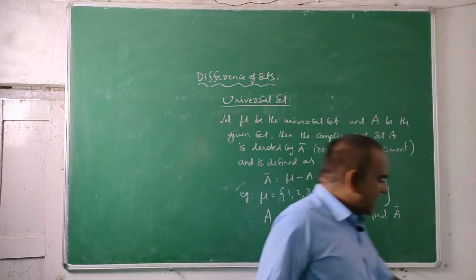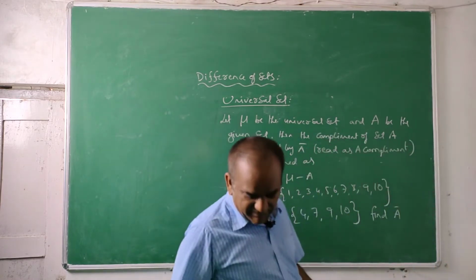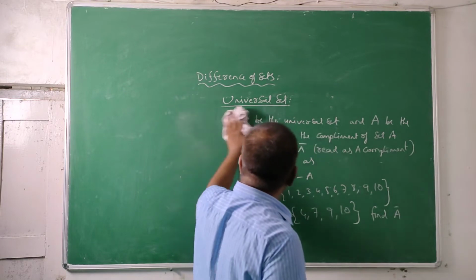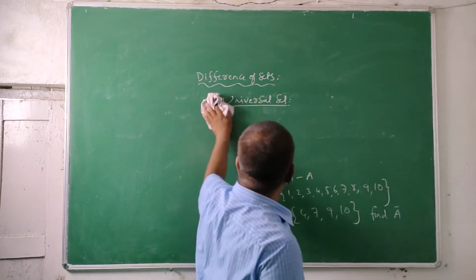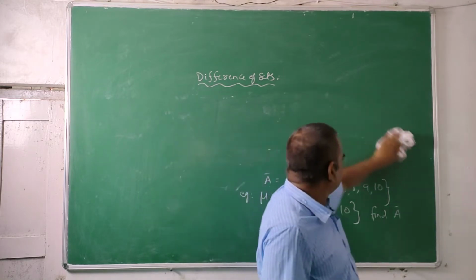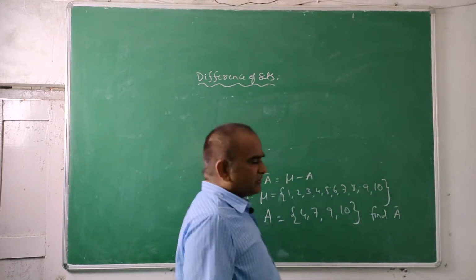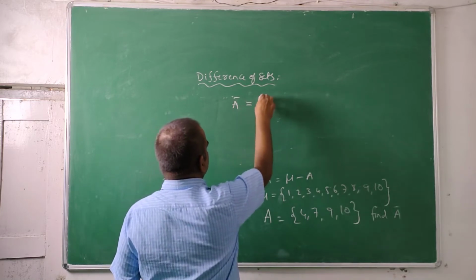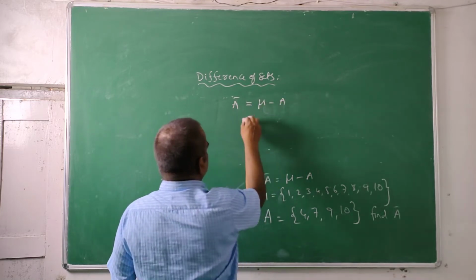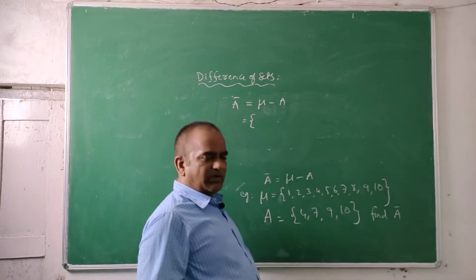So, as per the definition of A complement, A complement is equal to mu minus A. So what is mu? 1 to 10.